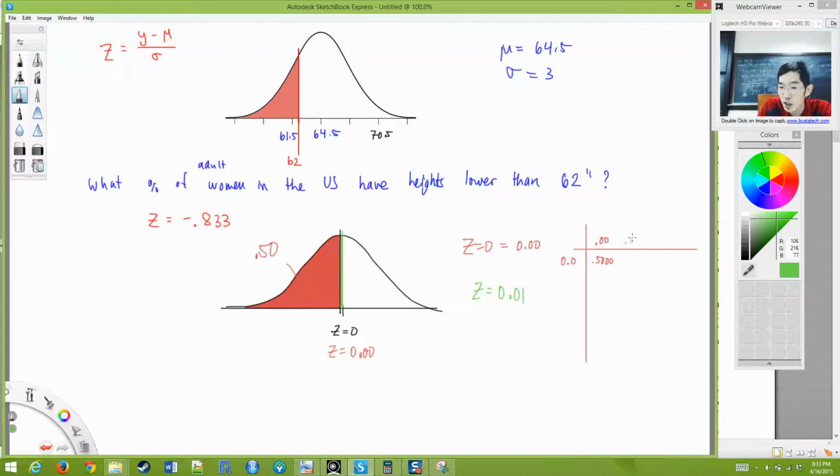The amount shaded in, I would still be in the row 0.0, and I would go to the column 0.01, and I believe the amount there is 0.5040. Okay, so if I just add a tiny little sliver, 1/100th of a unit big, the amount I have shaded in to the left is now 0.5040. Is that okay?